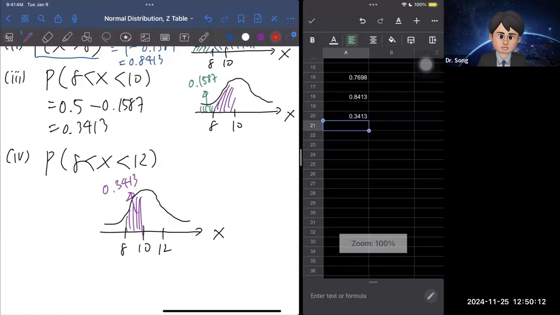You probably notice that between 8 and 10 and between 10 and 12 are the same, because the center is 10, 1 standard deviation below, 2, and 1 standard deviation above. So together it's just 2 times 0.3413, which is 0.6826. That's the answer.